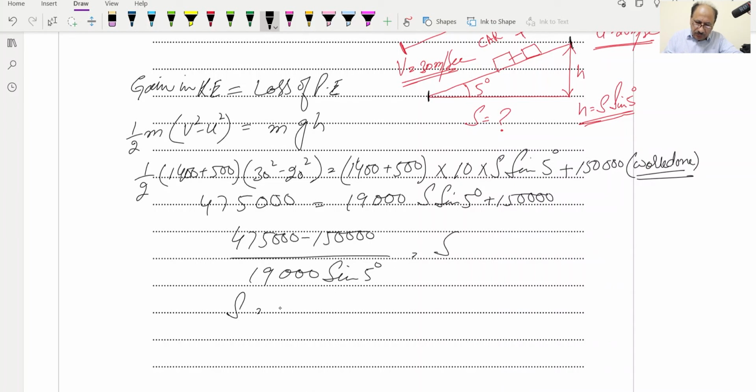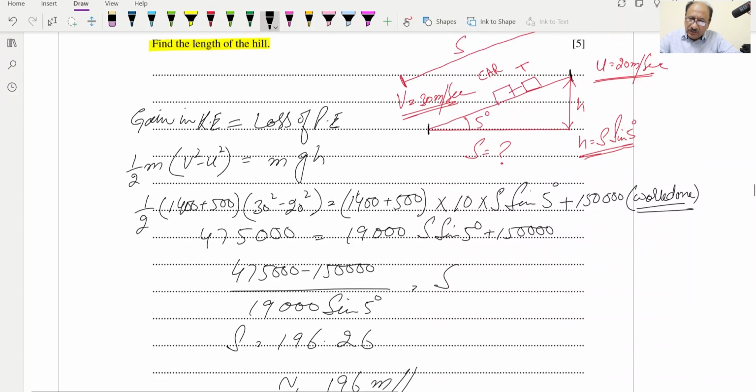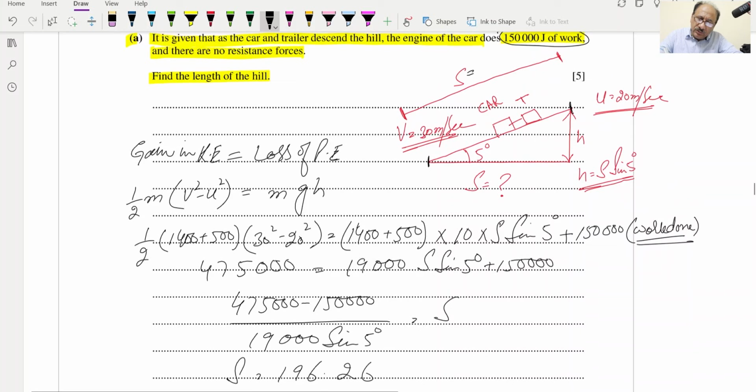So s will be equal to 196.26, so we can round it to 196, and this will be in meters. This will be s value, so s value is basically 196 meters, which we found.